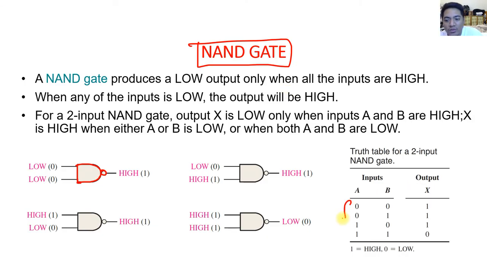If you look at the truth table of this NAND gate, you can see that if both A and B are high, if you perform AND on 1 and 1, that would be 1. But if you perform NAND, it simply gets the complement of 1, which is 0. So the only time that the NAND gate will be 0 is if both of the inputs are high.